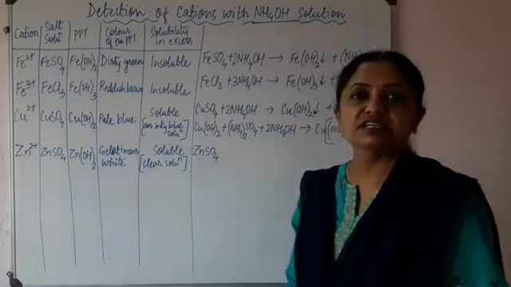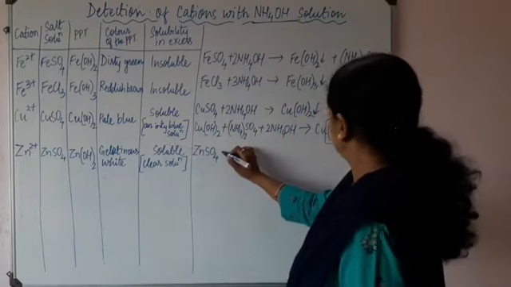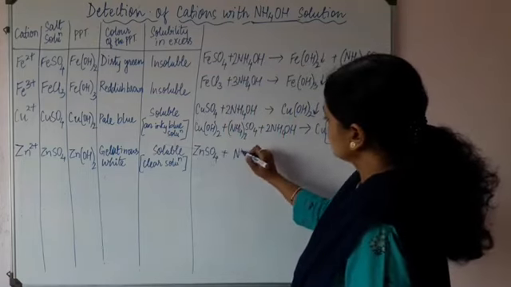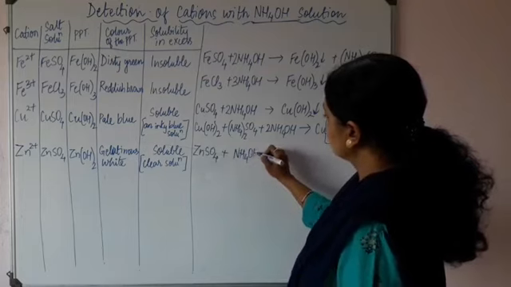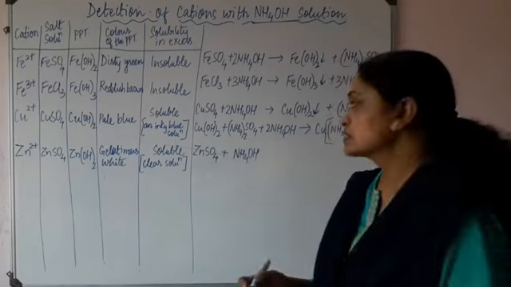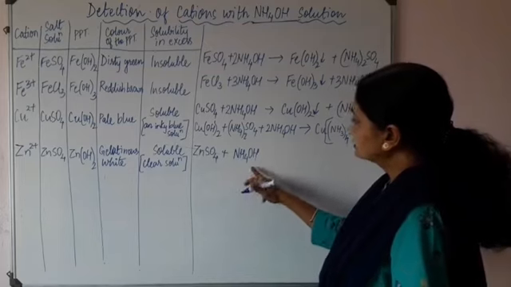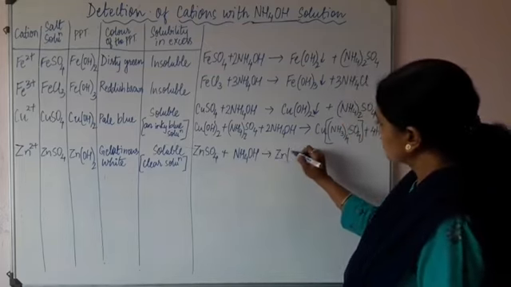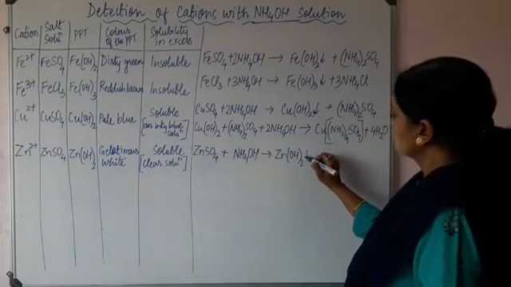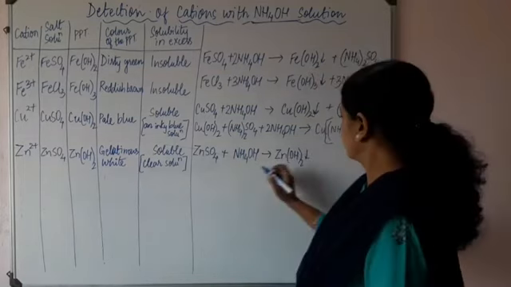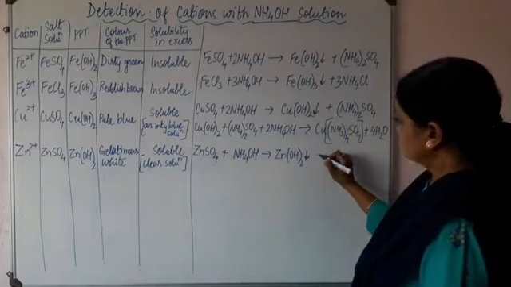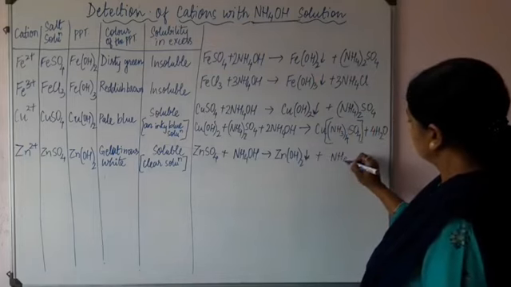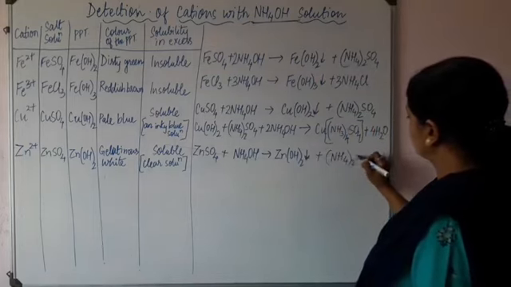Zinc sulfate, when it reacts, first we will add a little, then we will add excess. So when we add a little NH4OH to zinc sulfate, we will get zinc hydroxide, which is a gelatinous white PPT, and then ammonium sulfate as a byproduct.